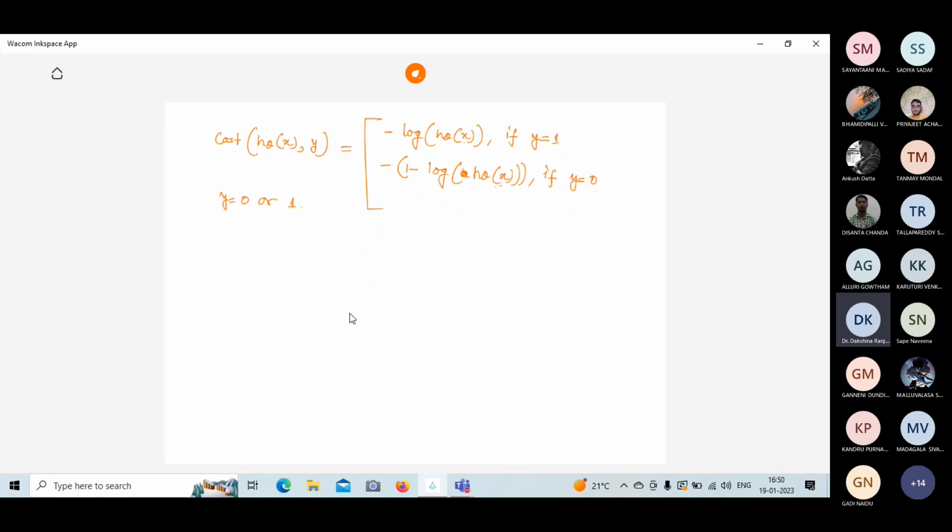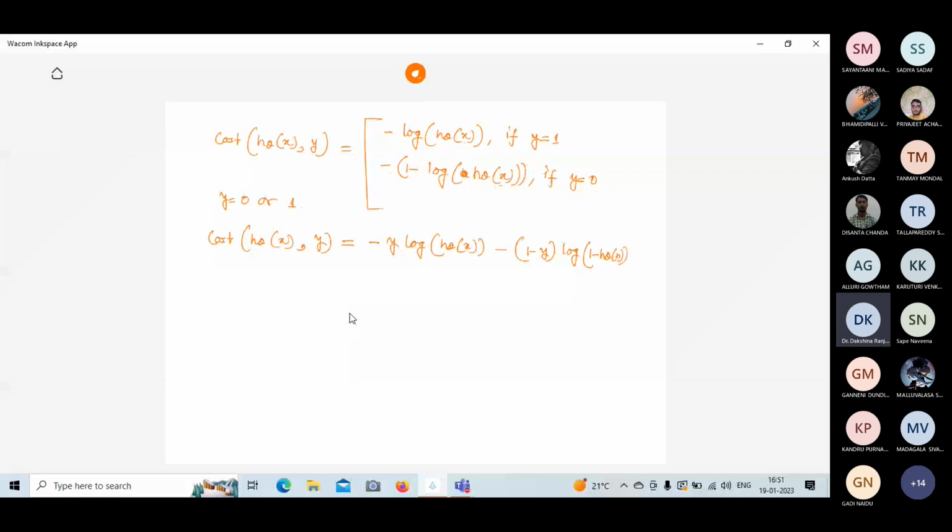We can write the cost of h theta x comma y equals minus y into log of h theta x, minus 1 minus y into log of 1 minus h theta x.